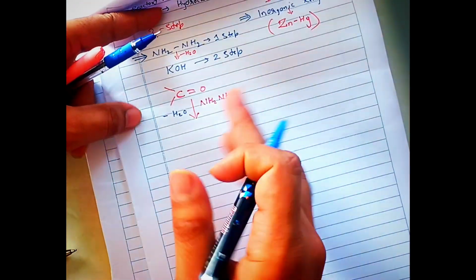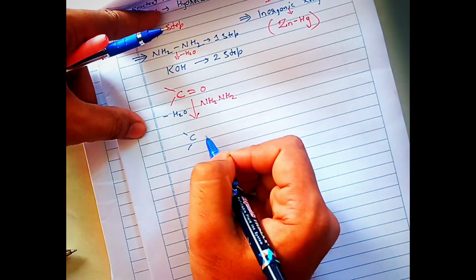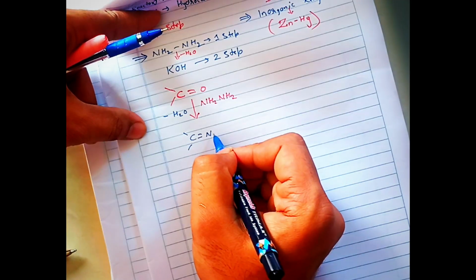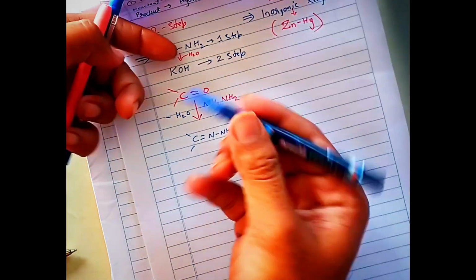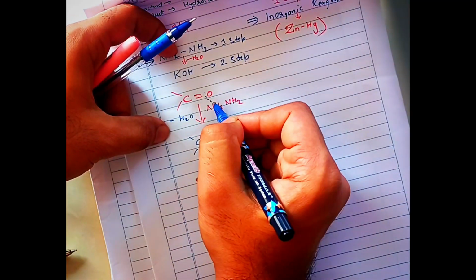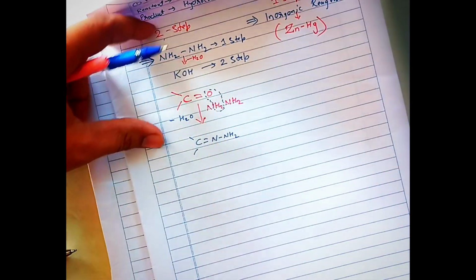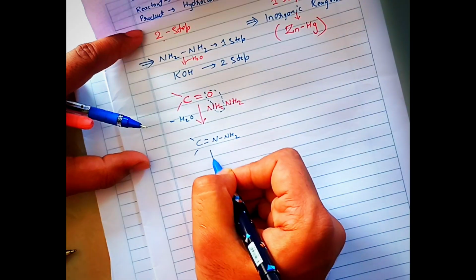Then we get this, with a double bond to N and then NH2, where the H2 and this O are removed, right? Removal of water.